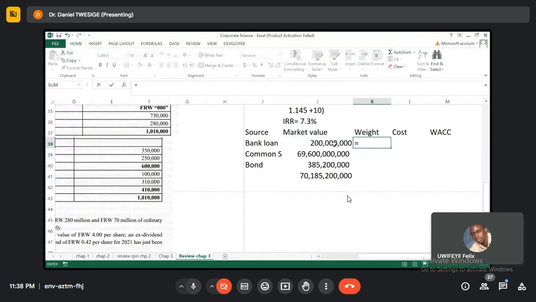Divided by this. Why is my cursor not moving? What is wrong?